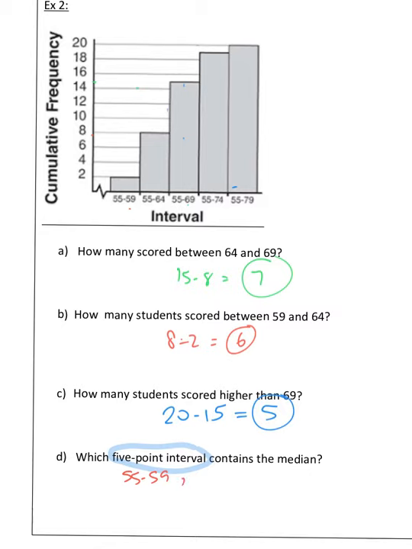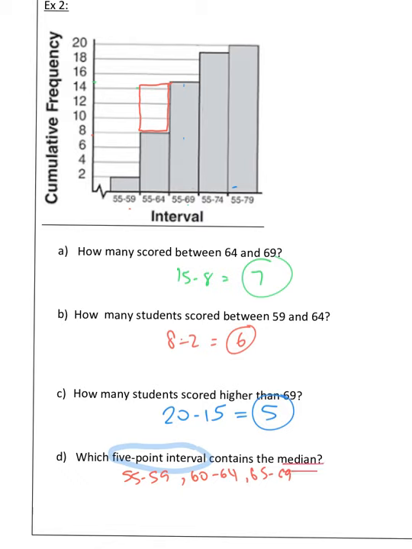The next 5-point interval would be 60 to 64. It looks like 4 numbers, but if you count the 60, that's 5 numbers. The next would be 65 to 69. So we're looking at the missing part that gets added on to the next bar to create the next cumulative frequency interval.